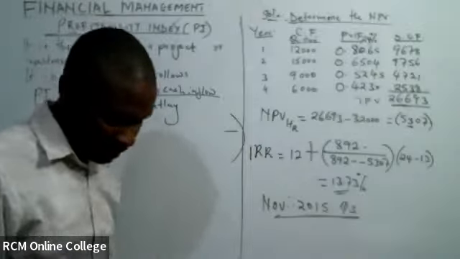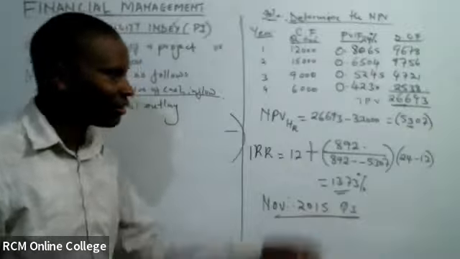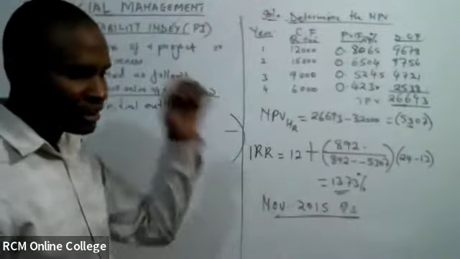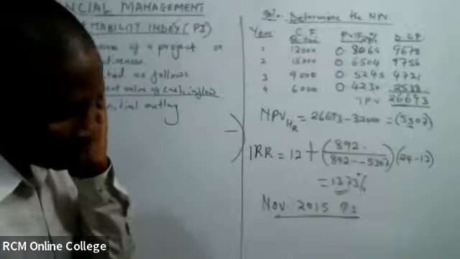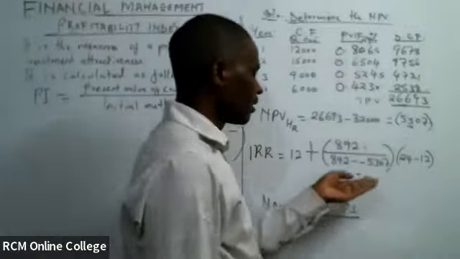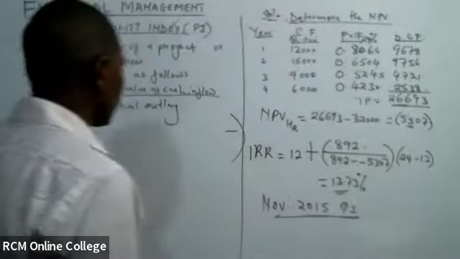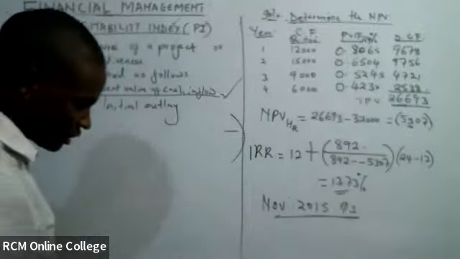Now, in our case, do we accept, reject, or may accept? Yes, we accept because the IRR is greater than the 12, the cost of capital. So this is how we get the PI, the profitability index.